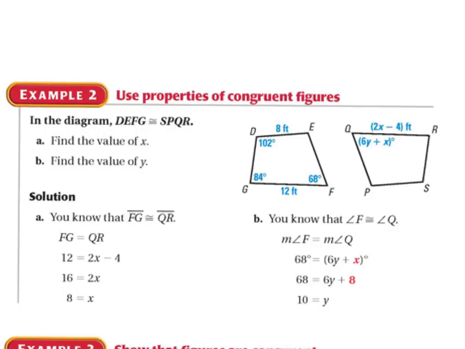And even if we couldn't, we can look right back, and this tells us that D corresponds to S, E corresponds to P, F corresponds to Q, and G corresponds to R. So what we're doing is we are finding the value of X and then the value of Y. So for the first one here, we have that FG is congruent to QR.